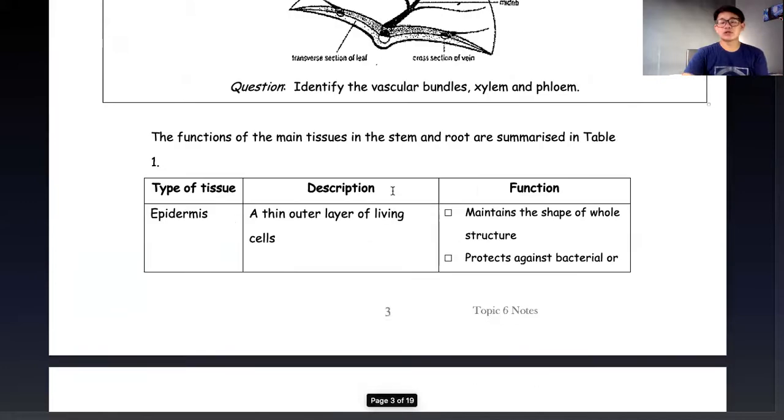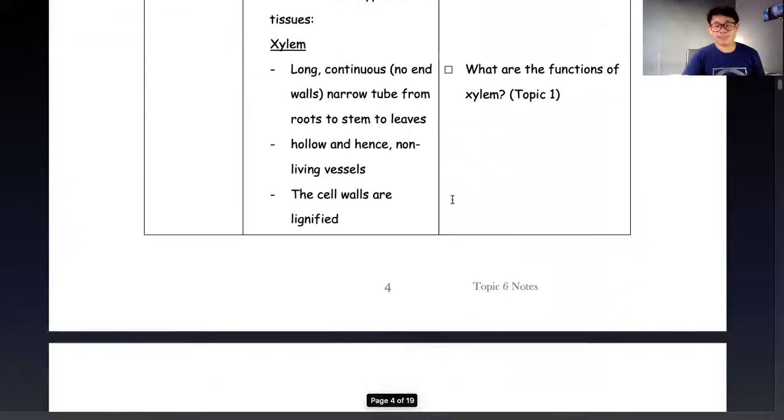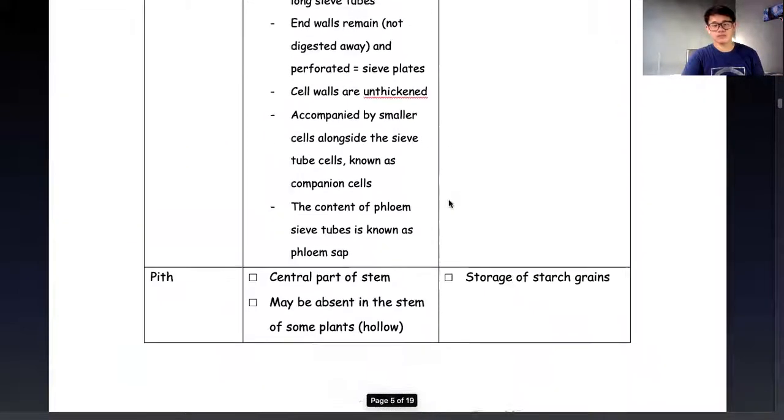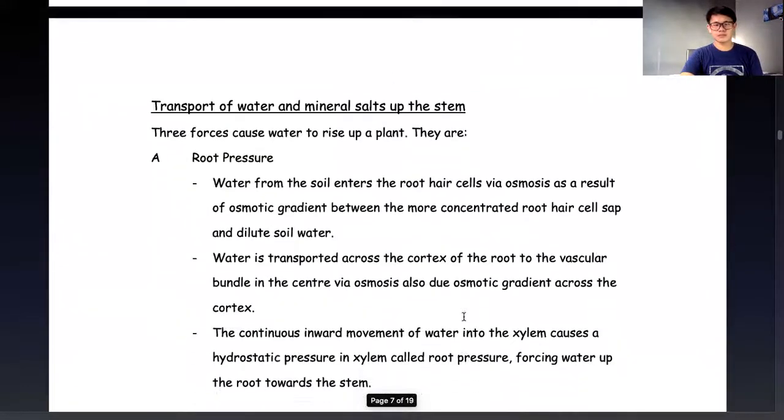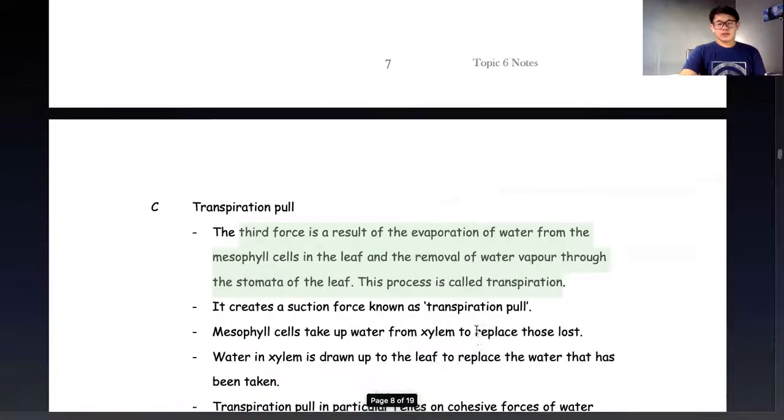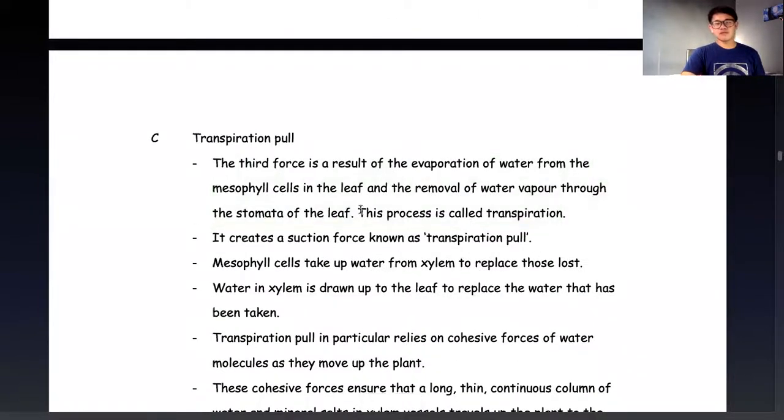Right? So going back to here, the third force results from evaporation of water from the mesophyll cells in the leaf and the removal of water vapor through the stomata of the leaf. This process is transpiration.